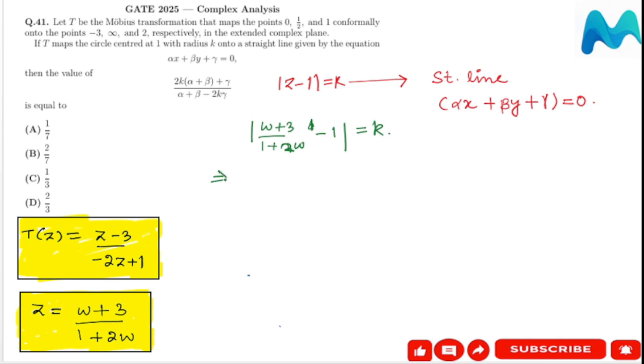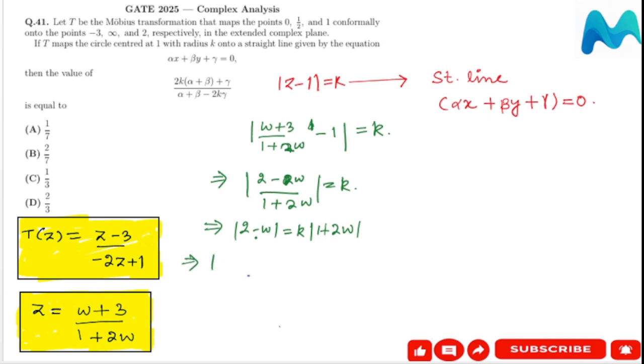So we can write it like this: it is (w + 3 - 1 - 2w)/(1 + 2w), that is (2 - w)/(1 + 2w), which is equal to k. So we will write |2 - w| = k|1 + 2w|. Now in terms of x and y, we can write it like this.